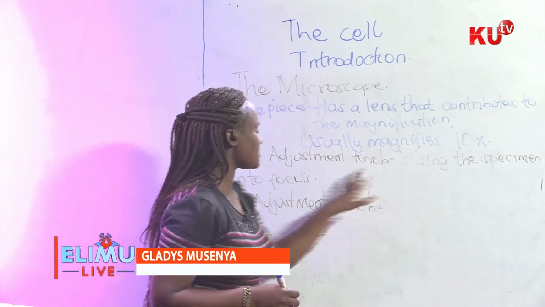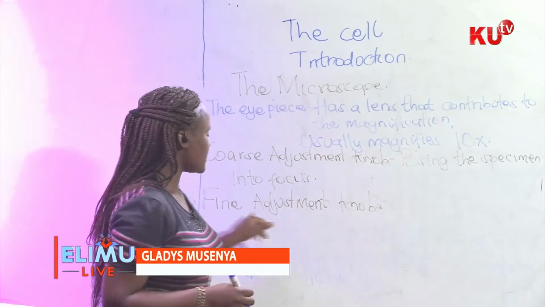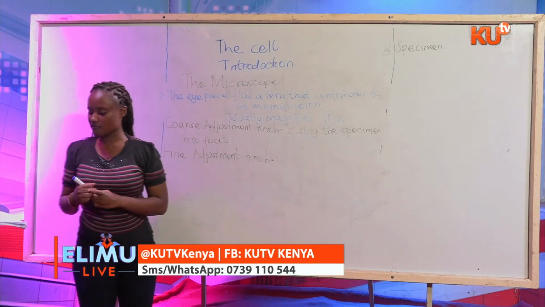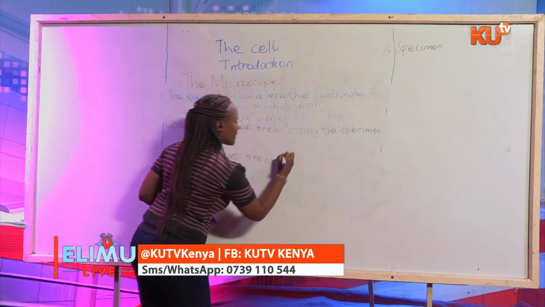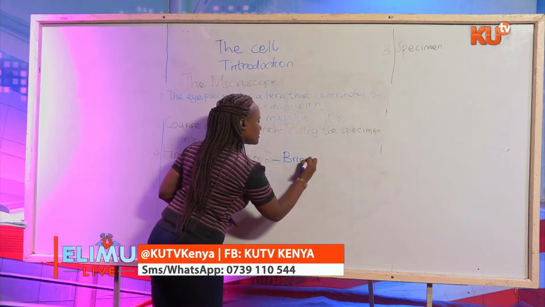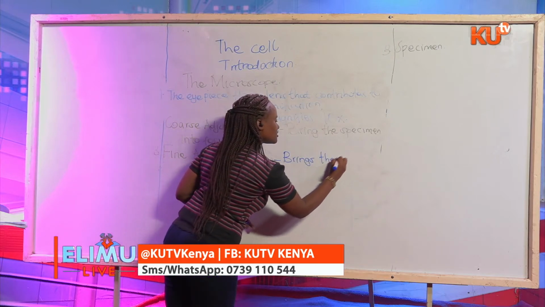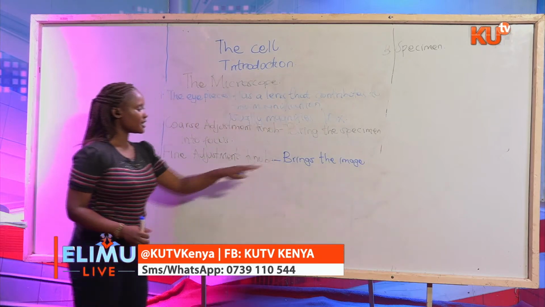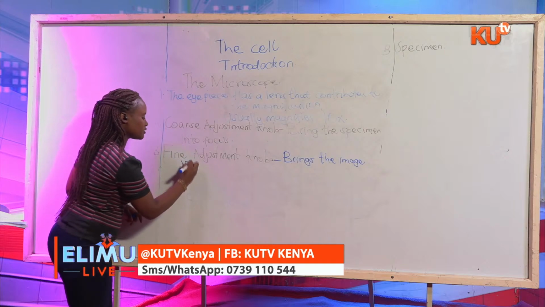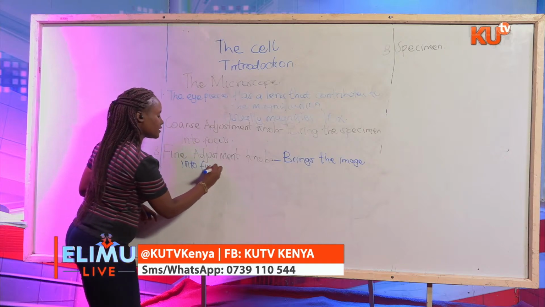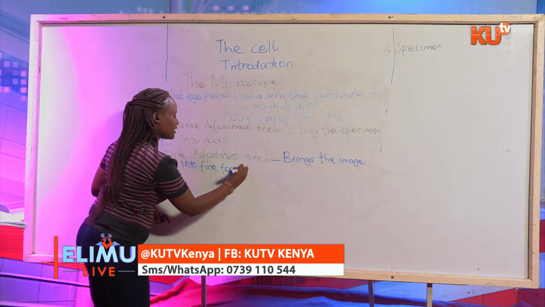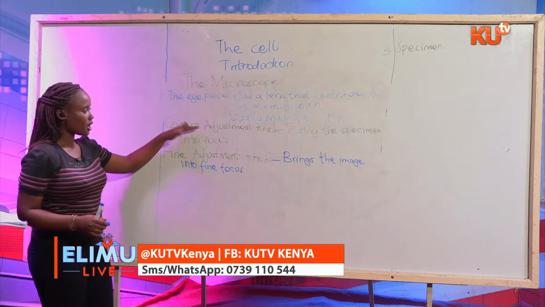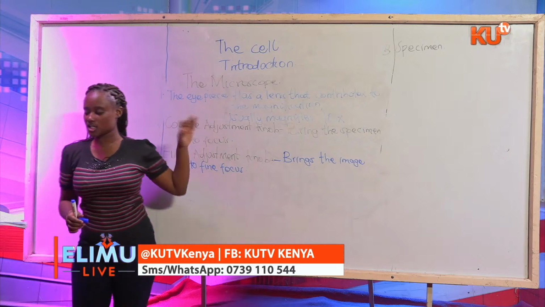So the coarse knob brings the specimen into focus, but the fine adjustment knob brings the image into fine focus. So the fine adjustment knob is found below the coarse adjustment knob.